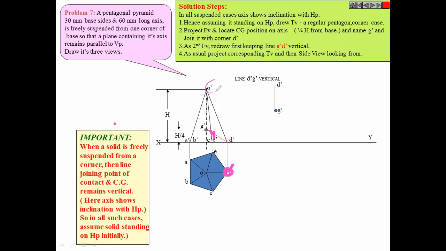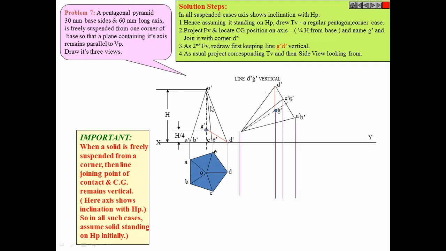The intersection point will fetch you O. Similarly, you can find A, B, C, etc. That we have been doing earlier. So it will be like this. That's why CG is important, because we need to find this G for this asymmetric problem.